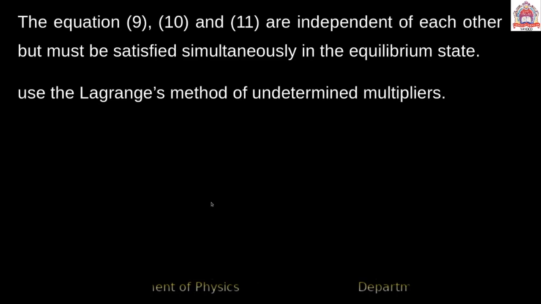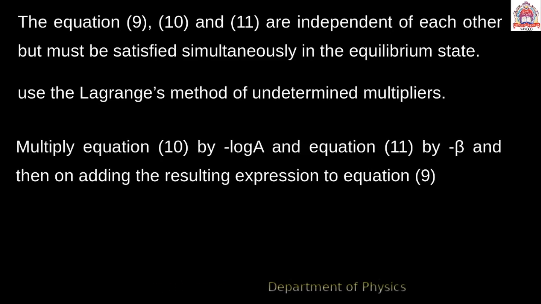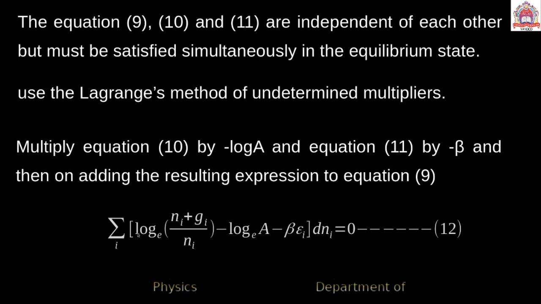So we use the Lagrange method of undetermined multipliers. Multiply equation 10 by log A and equation 11 by minus beta, and on adding the resulting expressions to equation number 9, we get summation over i of [log((n_i plus g_i)/n_i) minus log A minus beta epsilon_i] dn_i is equal to 0.